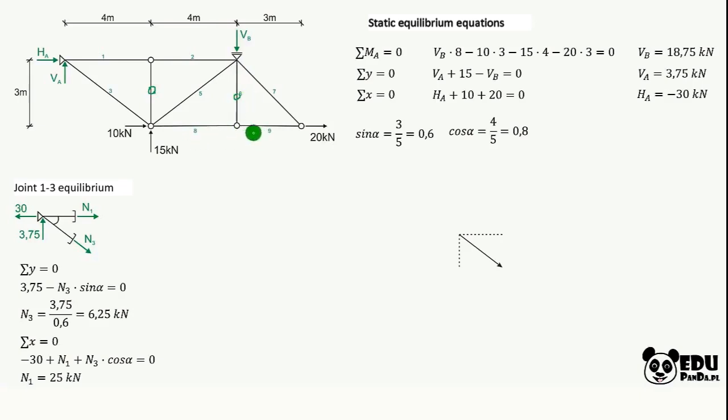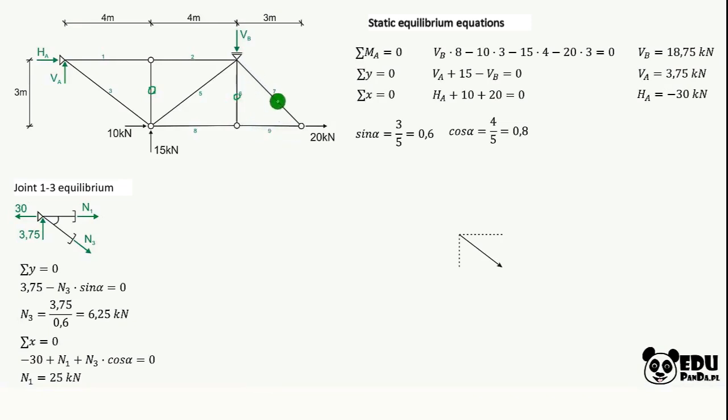If you look at joint 8, 6, 9, and it turns out that this bar is 0, then there is no other option than that the reaction VB is distributed only on bars 5 and 7, but not on 6. If from the equilibrium of one joint it turns out that this bar is 0, then it cannot be 0 on one side and non-zero on the other side. It is simply 0.